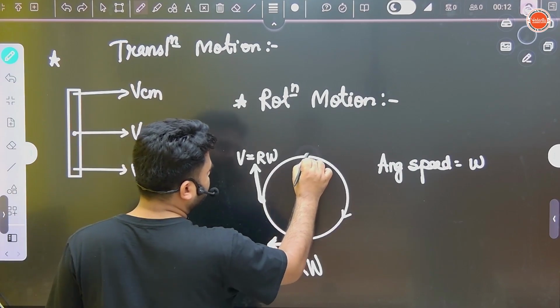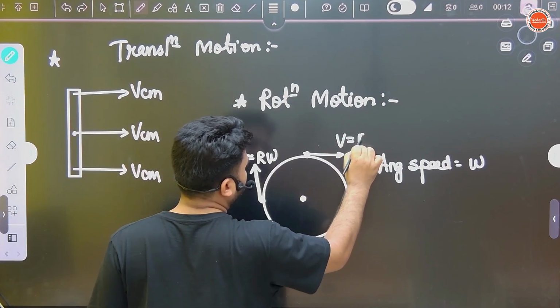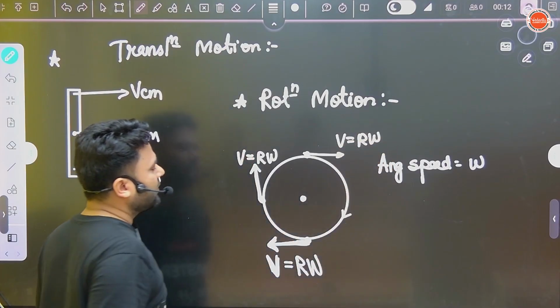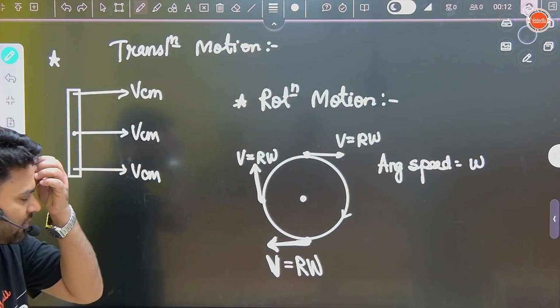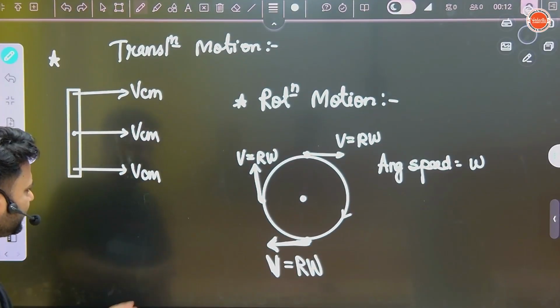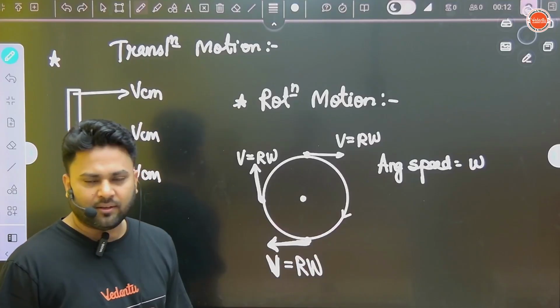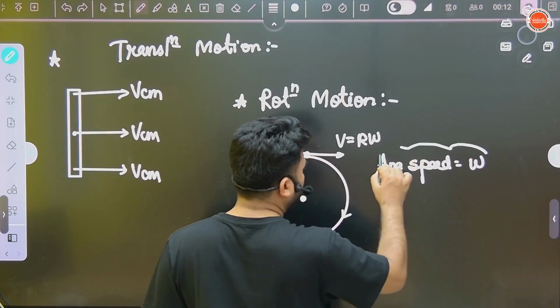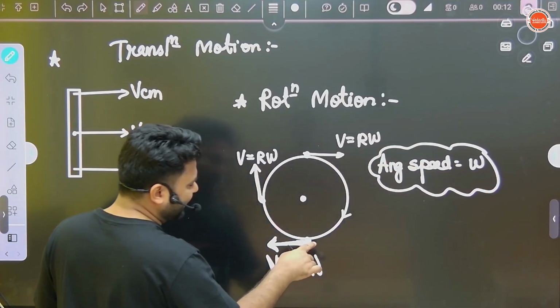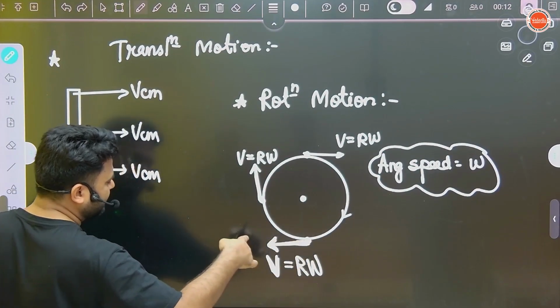Here if someone asks what is, so v equals r omega. Correct? So these things you should remember: if some object is rotating with omega, that is the angular speed. If someone asks what is the linear speed, linear speed is always tangential, always tangent to the point.